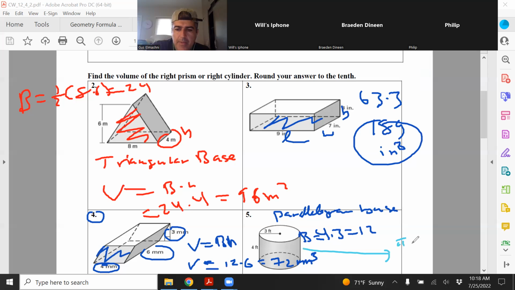So pi r squared, pi times 3 squared, so 36 pi, cubic feet. Oh, and by the way, that should be cubic units for number 2 and number 4. Okay, any questions on those 4?